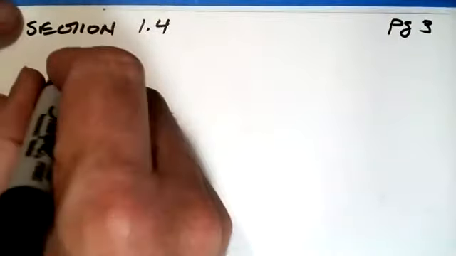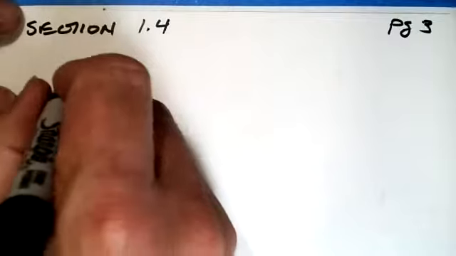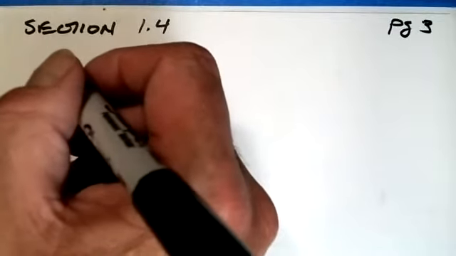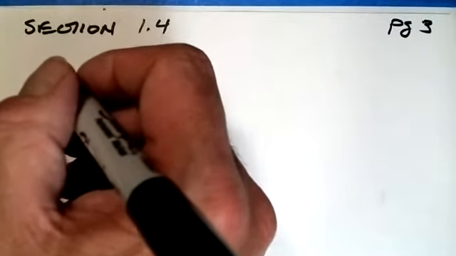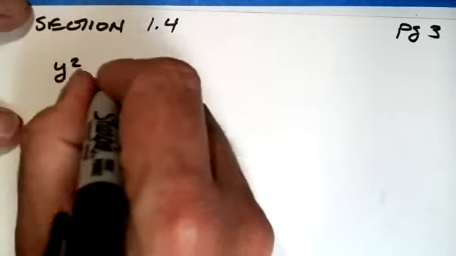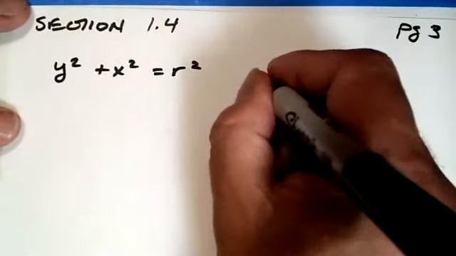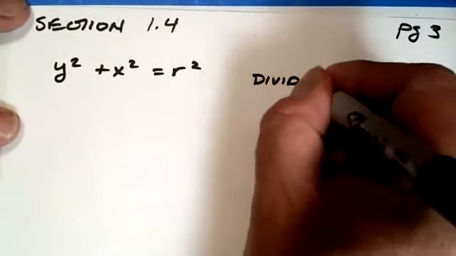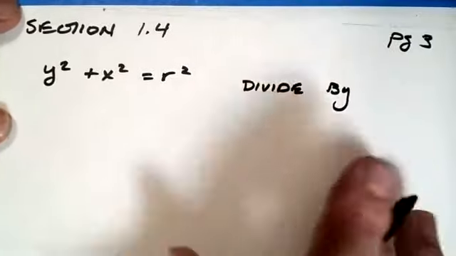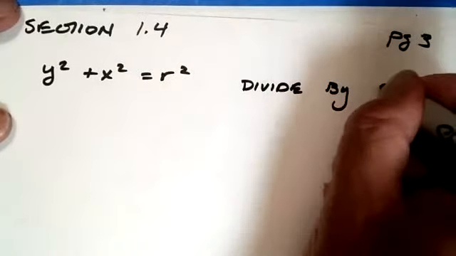Page 3 now. So again, starting with a rearrangement. Let's do the one with tangent. So we had y squared plus x squared equal to r squared. Now divide by x squared.